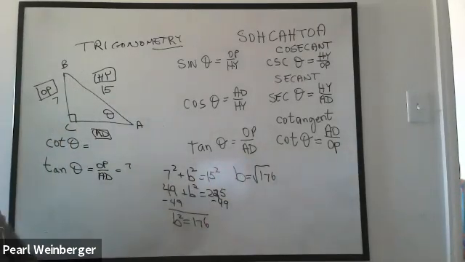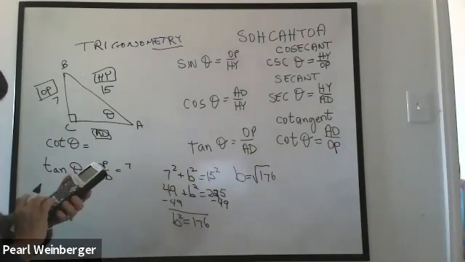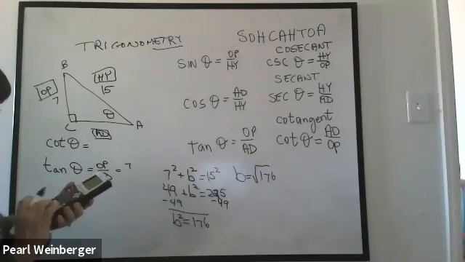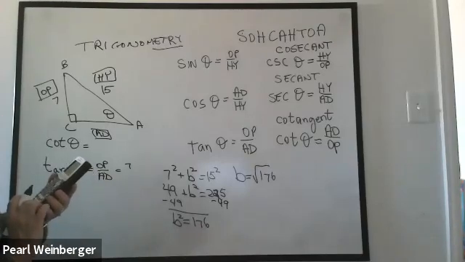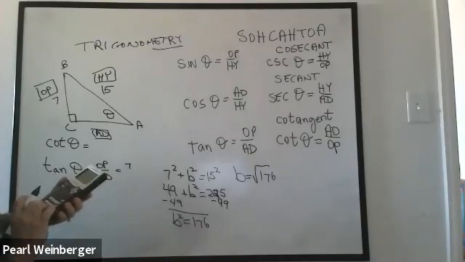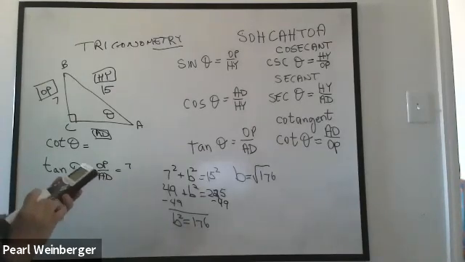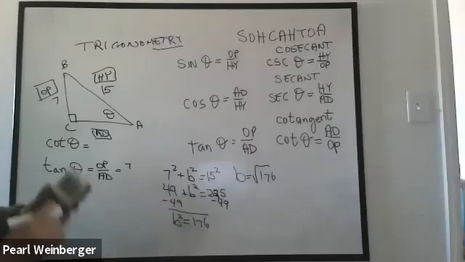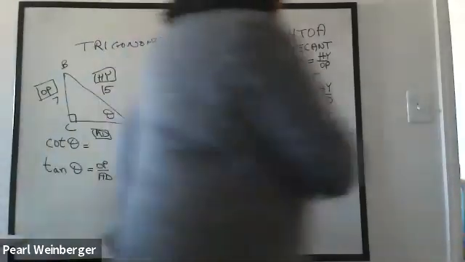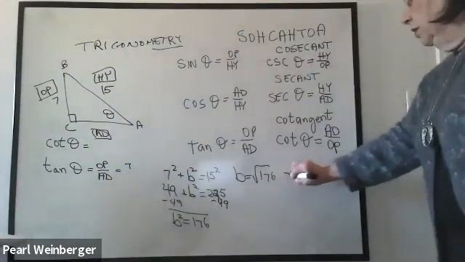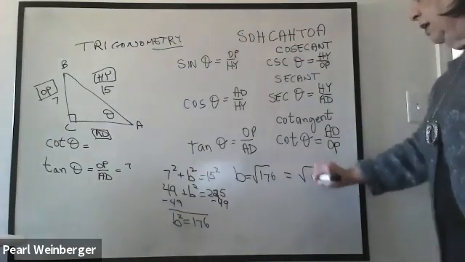Now, can we simplify that? I think we can divide it by 4. 176 divided by 4 is 44. Oh, I think we can even divide it by 16. 176 divided by 16 is 11. So I can break this up into the square root. Remember how we did this?